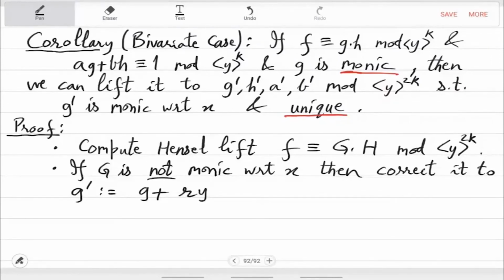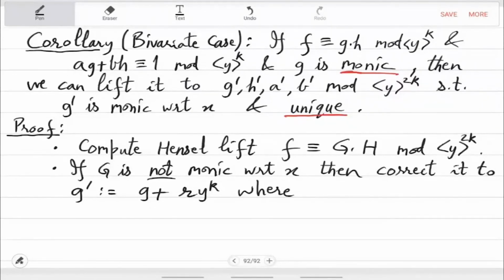So we'll perturb G by R times y to the k, where R is given by big G in a very specific way.